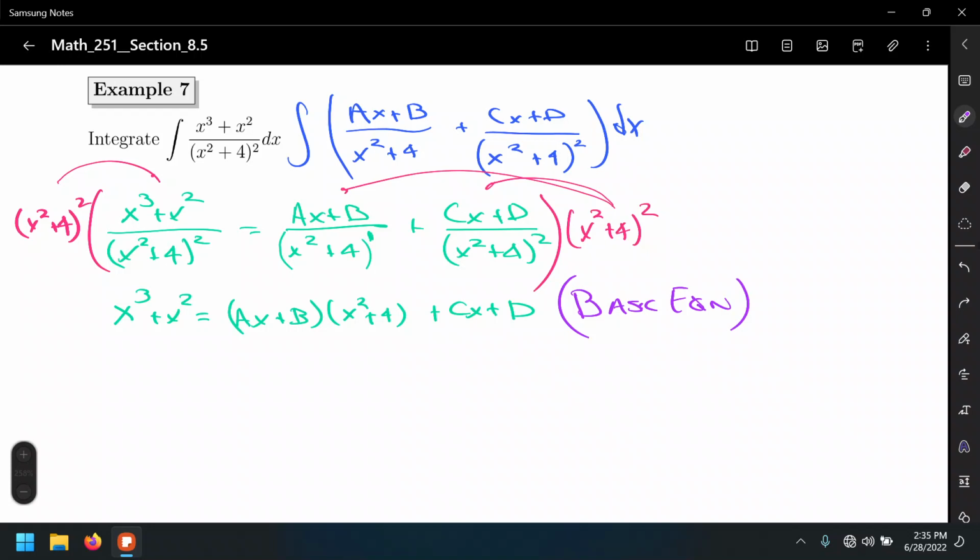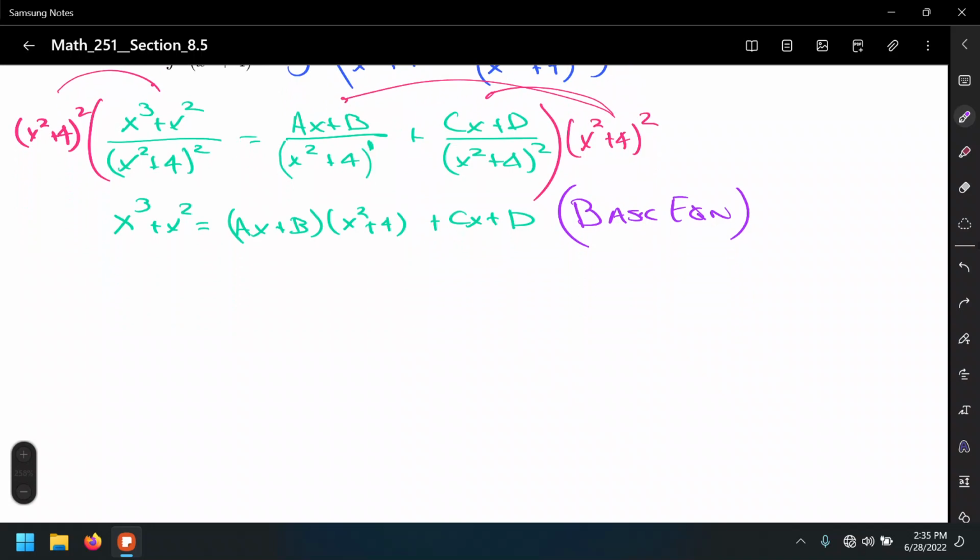Actually, there's one section in that class in which you will do this equating coefficients, and not just with x's, but also exponentials, trigonometrics. It's going to get pretty fun. One problem typically takes like 3 or 4 pages to solve because of the size of the method. So let's do one of those.